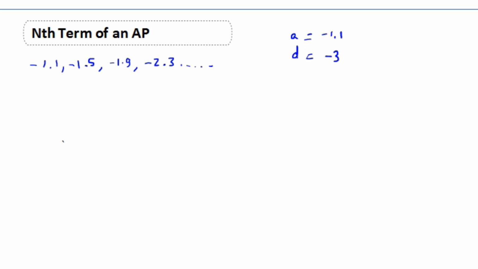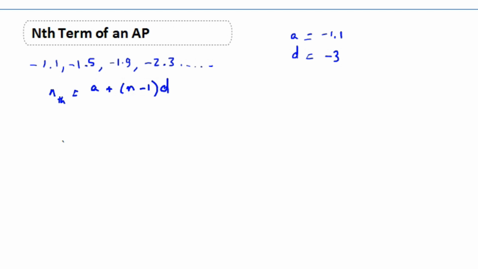So we need to find what will be the general rule for the nth term of this sequence. So let's try and find out the nth term of any arithmetic sequence. We know the nth term is a plus n minus 1 times d.